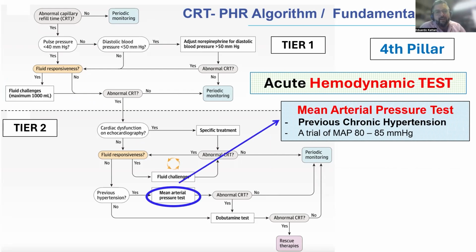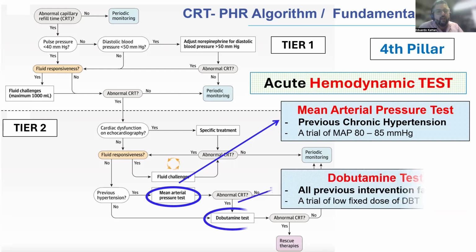So we did a mean arterial pressure test: we transiently increased MAP in patients that were chronically hypertensive and assessed whether capillary refill time normalized or not. And the same, we gave a low dose of dobutamine in patients in whom nothing had improved, trying to open the microcirculation.